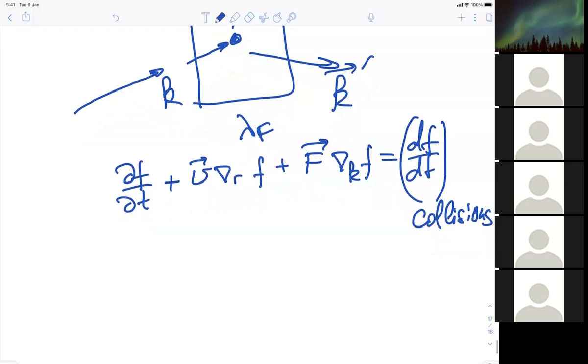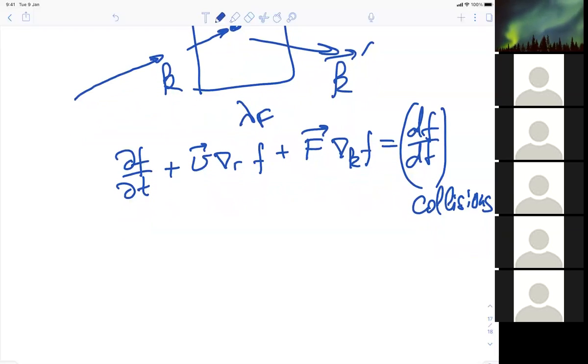Okay, so let's go back and repeat the logic. We separate the problem into two parts: a semi-classical evolution of the particle under the action of external forces, which is accounted for by the Liouville operator, and something that happens on very short spatial and time scales, which we call collision.